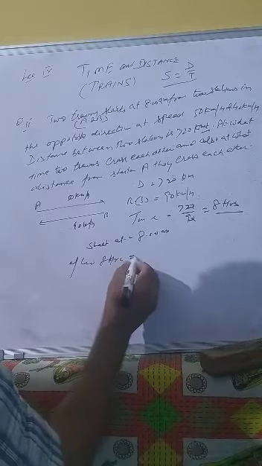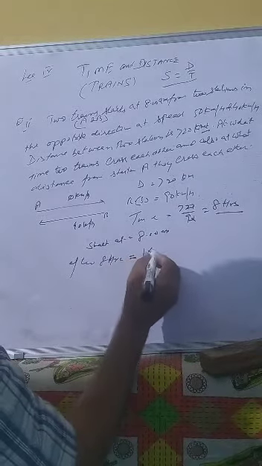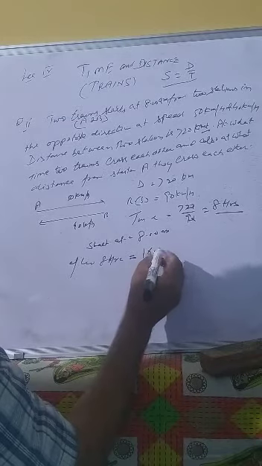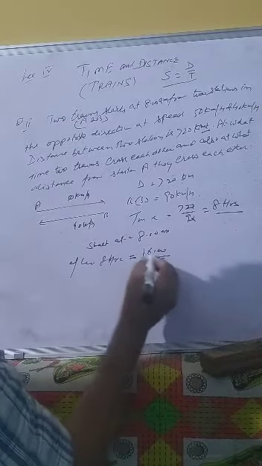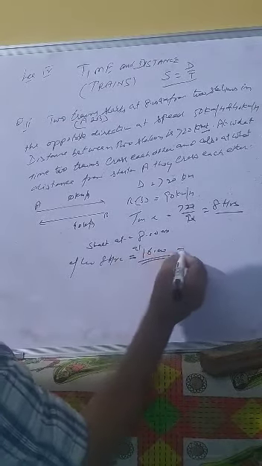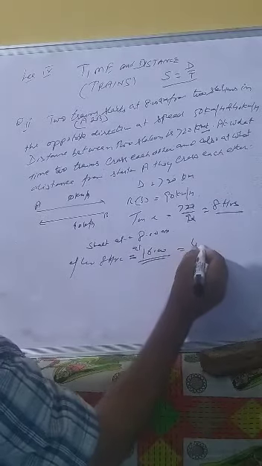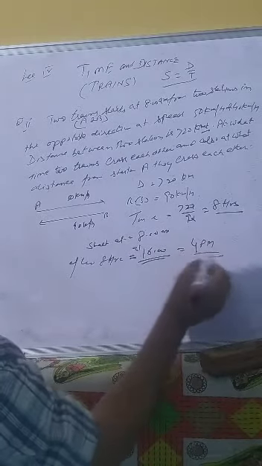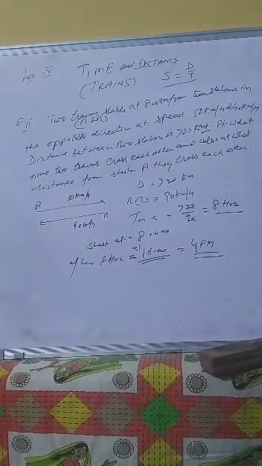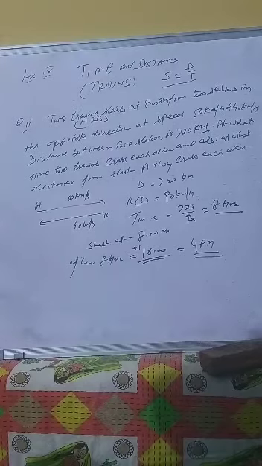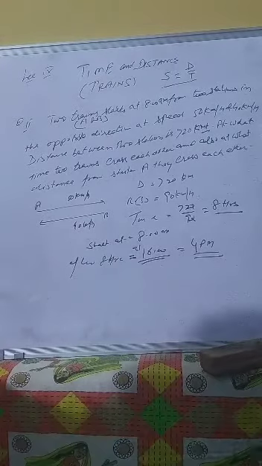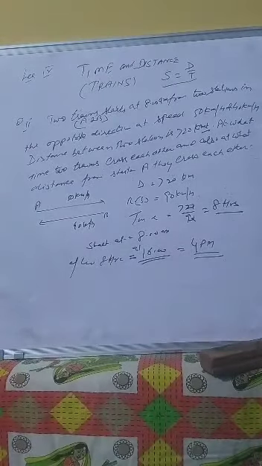Therefore 8 hours means 16. At 16 they will meet, which means 4 p.m. Both trains will meet, they will cross each other at 4 p.m. Now we take the next question.